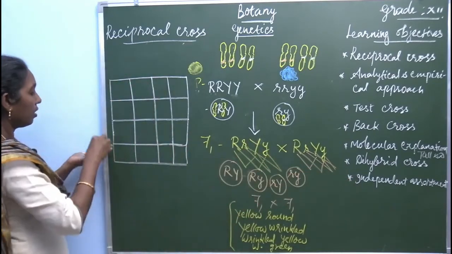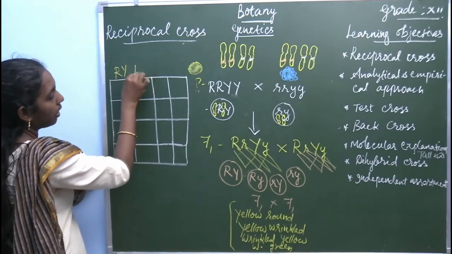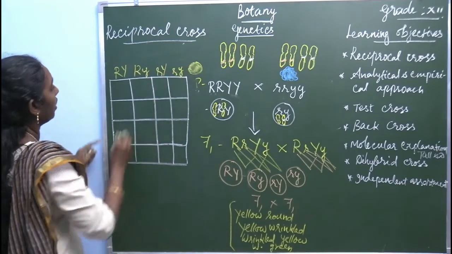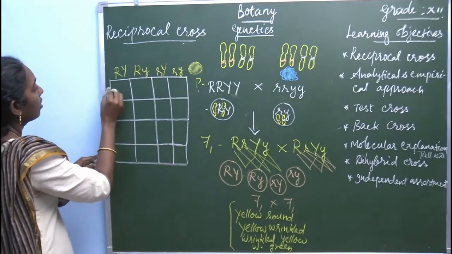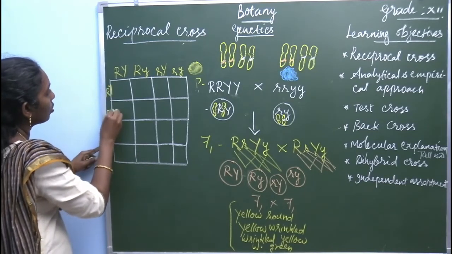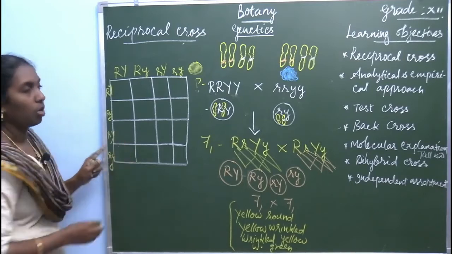So, write it here: capital R, capital Y, capital R, small y, small r, capital Y, small r, small y. Here this side, capital R, capital Y, capital R, small y, small r, capital Y, small r, small y.